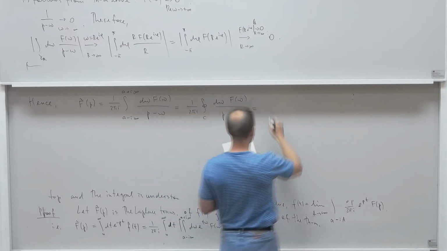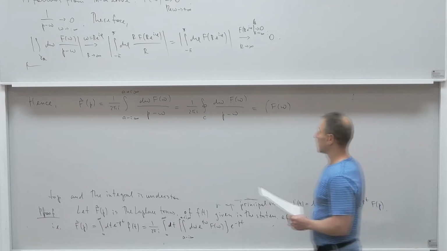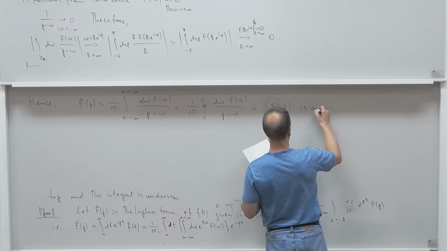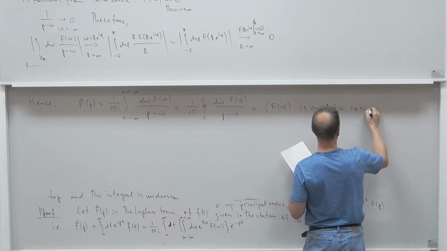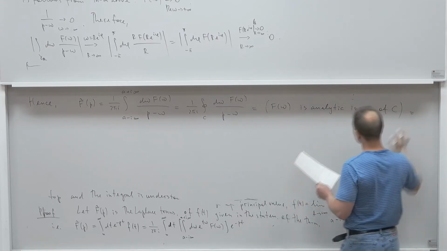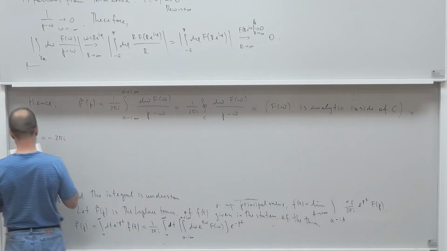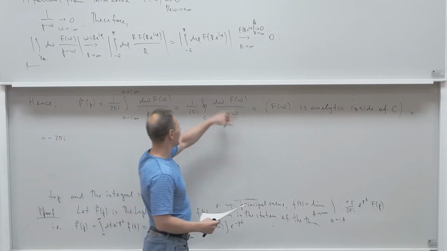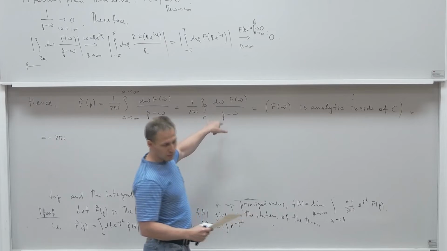Then we use the fact that F of omega is an analytical function inside of this contour C, and apply the theorem about residues. The only singular point of the integrand is the point omega equal to p, which is a pole of first order.